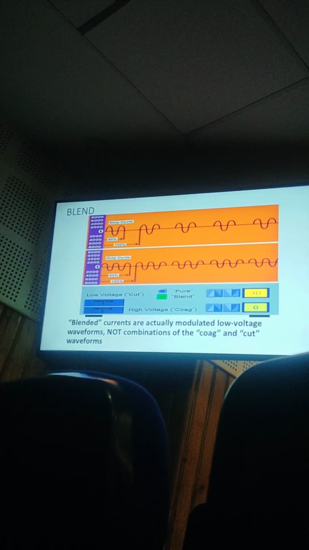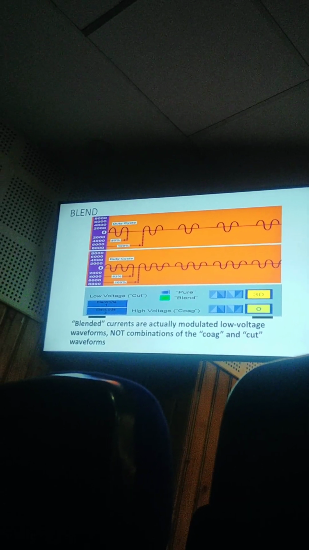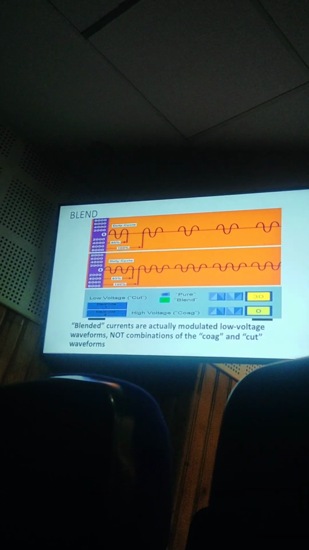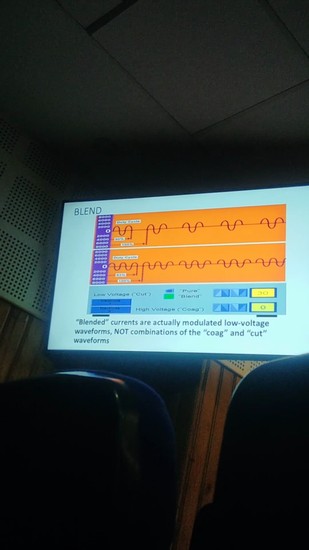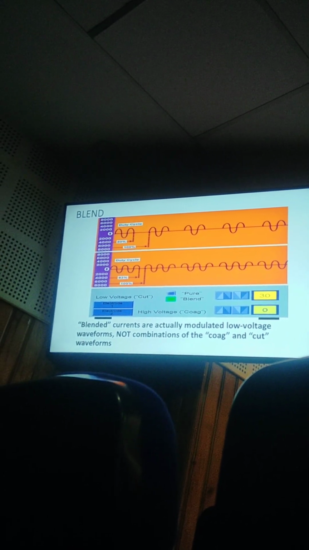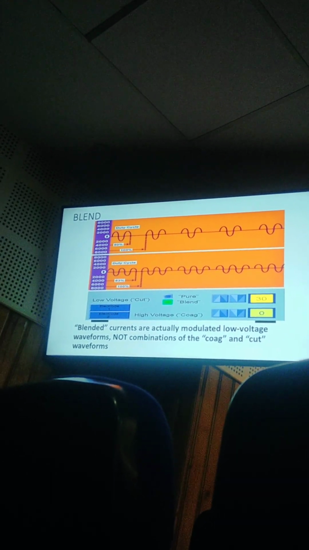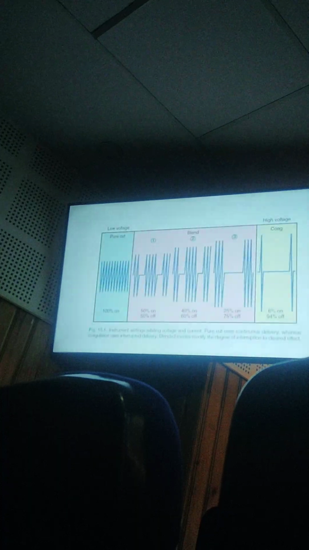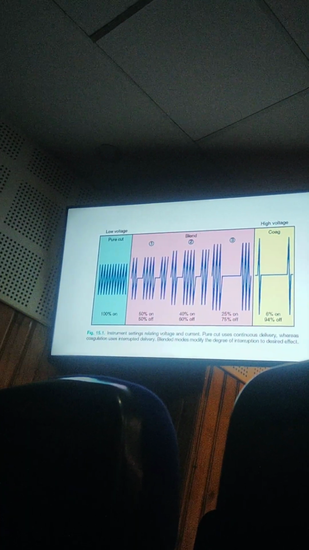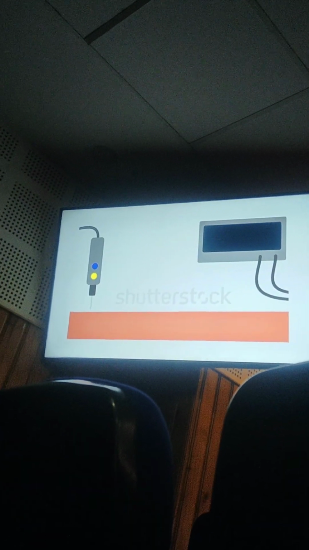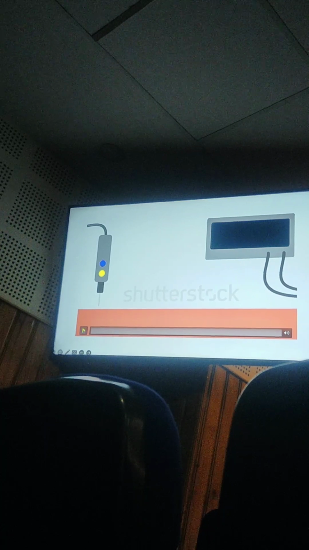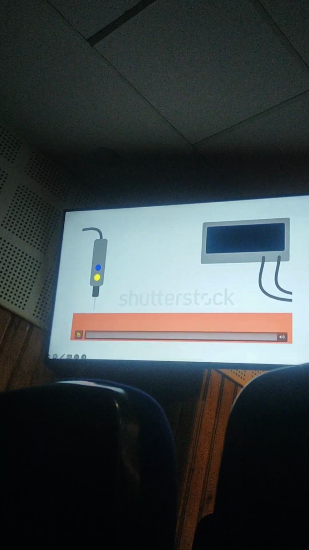Like in actual coagulation mode, its current flows only for 6% of the time. In the blend 1, 2, 3, that can be 50-50, 25-75, and that depends upon the manufacturer. Now in this animation we can see the effect of different modes once again.